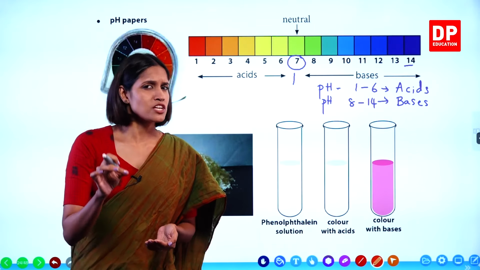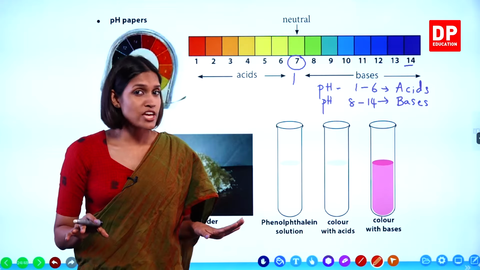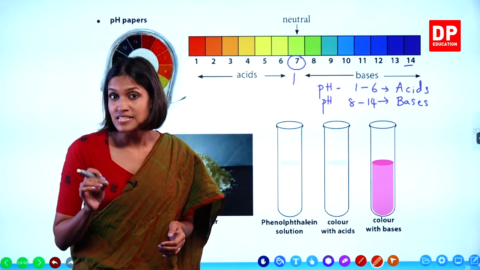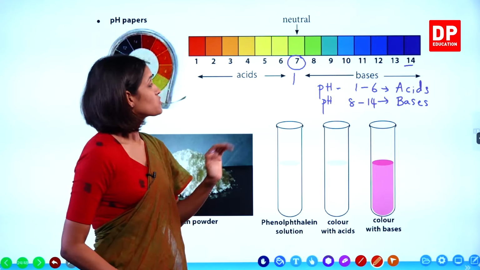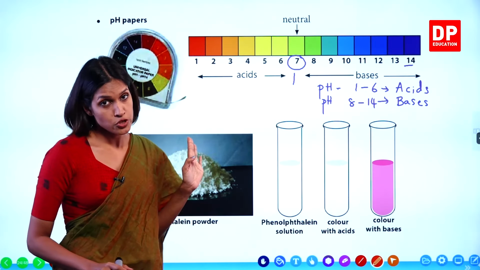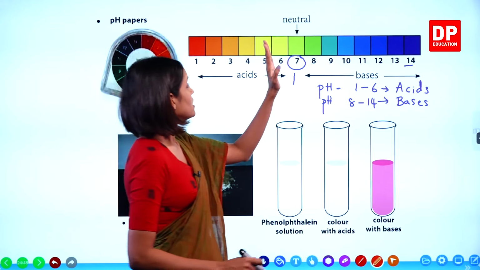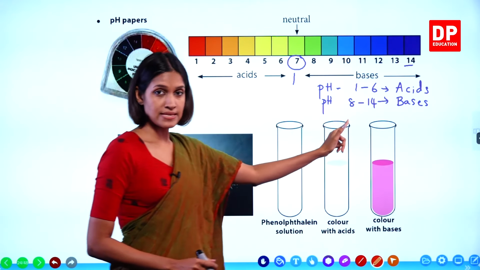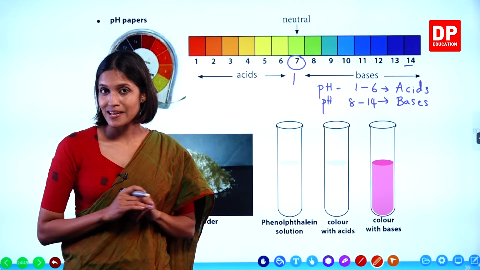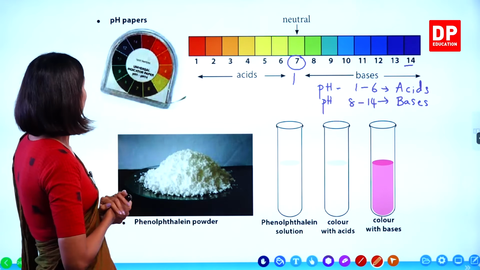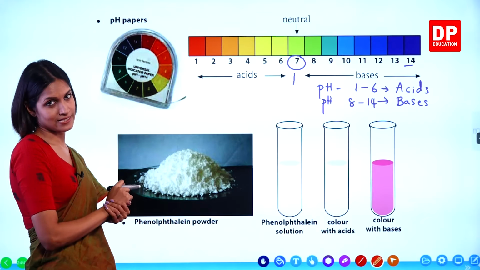When you immerse a pH paper in a certain solution and if it does not change the color, it means it is a neutral substance. Okay? So you have to memorize these values, children. pH 1 to 6 acids, pH 8 to 14 bases, pH 7 means neutral substances. Understand? Right. So here sometimes the color code comes as a circle.